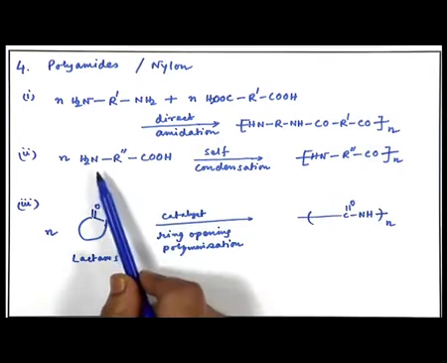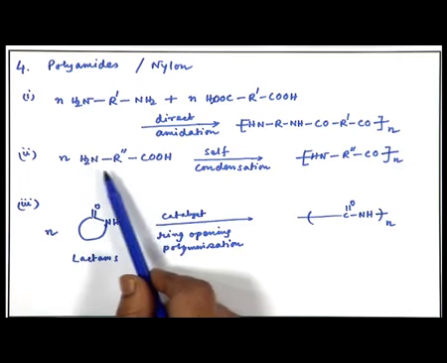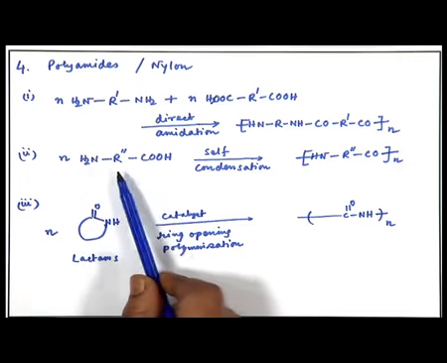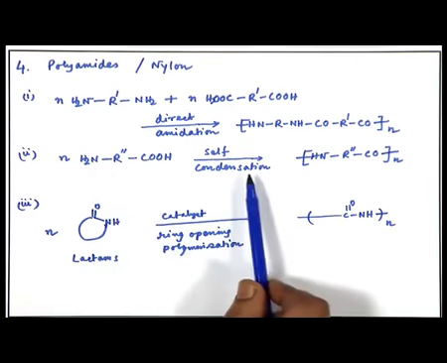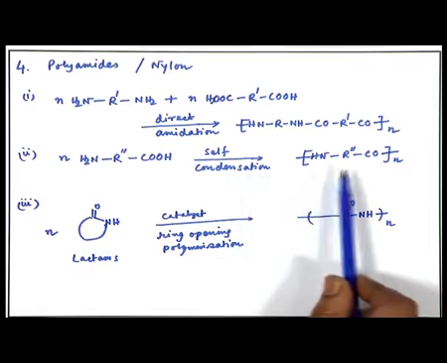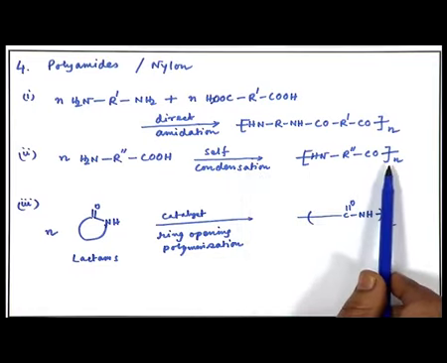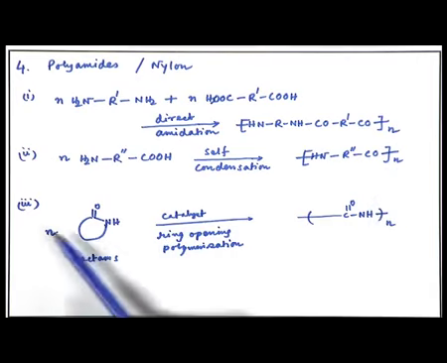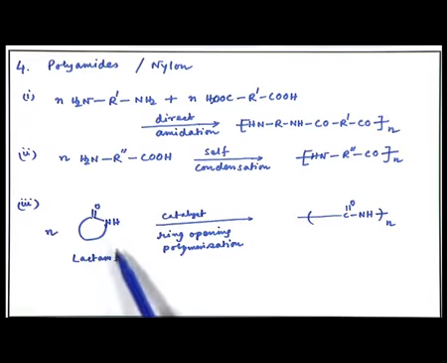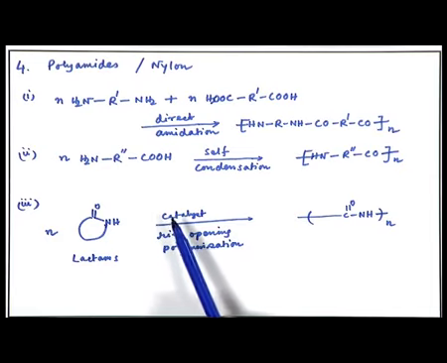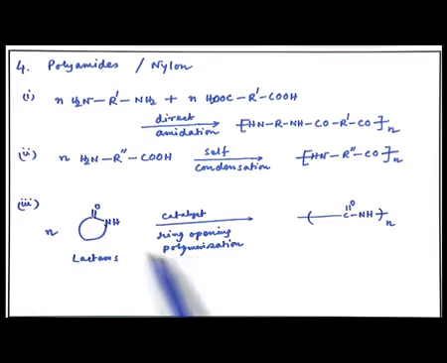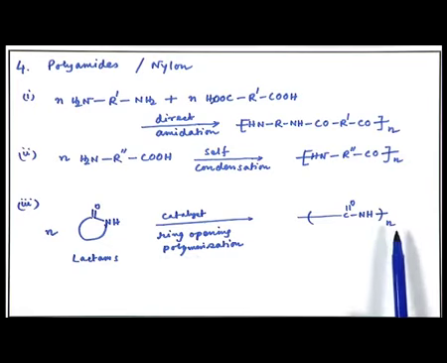Or you can take an amino carboxylic acid, which contains two different functional groups, and do a self condensation among these to get the polyamide as well. The third option is to take cyclic amides and perform a ring opening polymerization, where the ring opens up and the next monomer gets added in the presence of a catalyst, maybe acid catalysis.